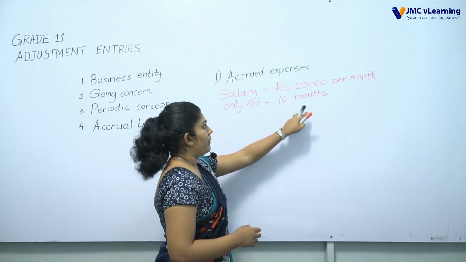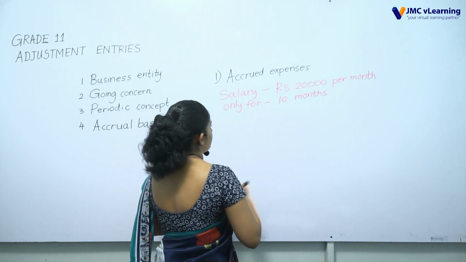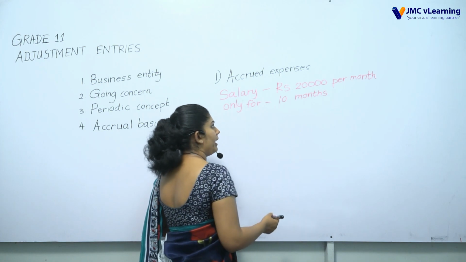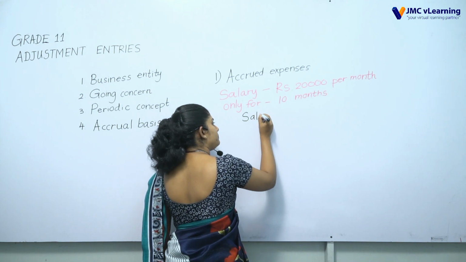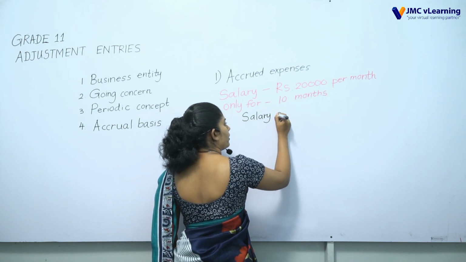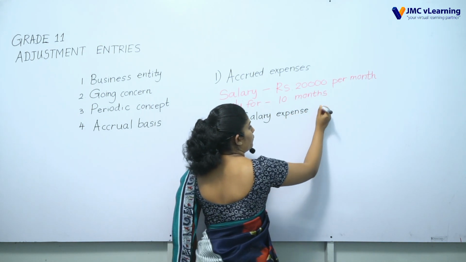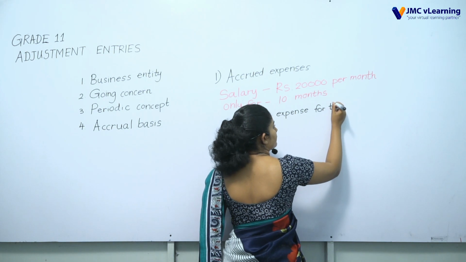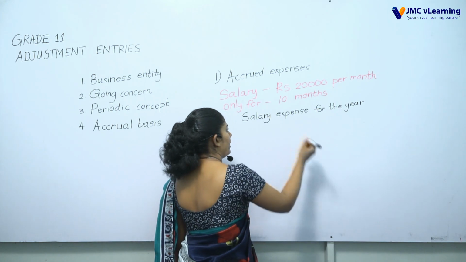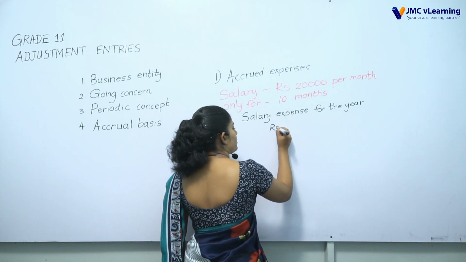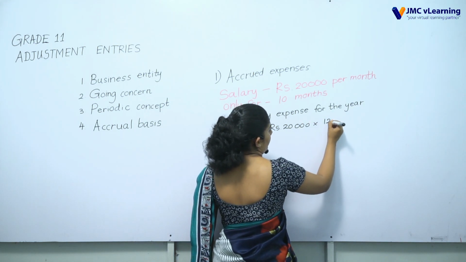So, 20,000 per month for 10 months I have paid. First we will calculate the liable amount. Salary expense for the year. How to calculate? 20,000 into 12 months.